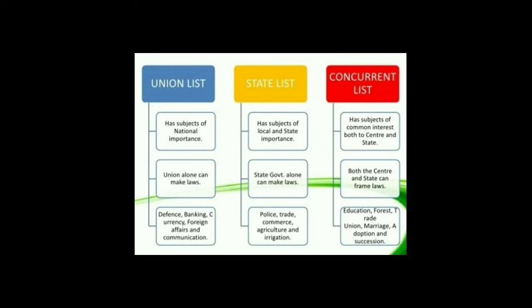Next we have the concurrent list. In the concurrent list we have subjects of common interest for both the center and the state. So here both the state and the center or union government can make laws, implement and change different kinds of laws.